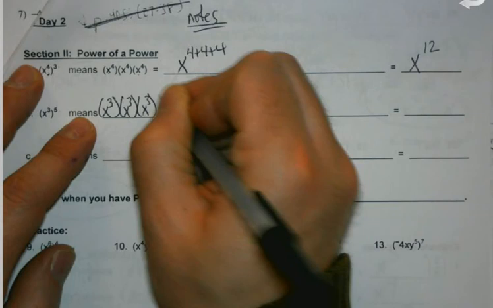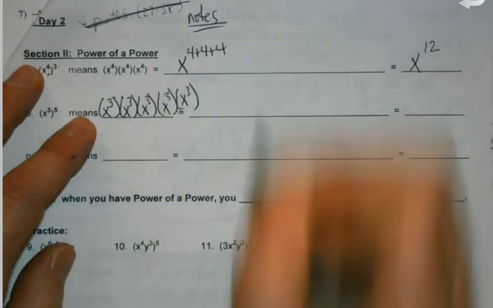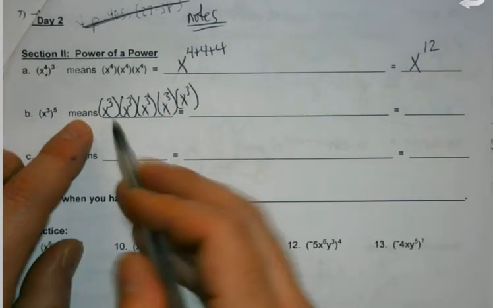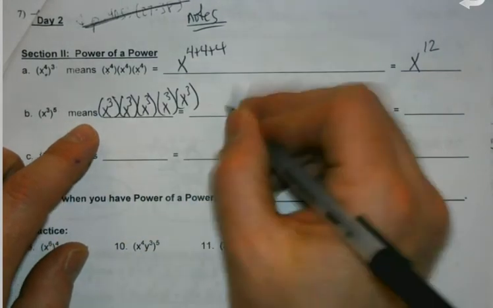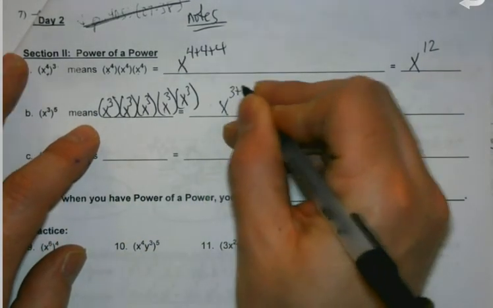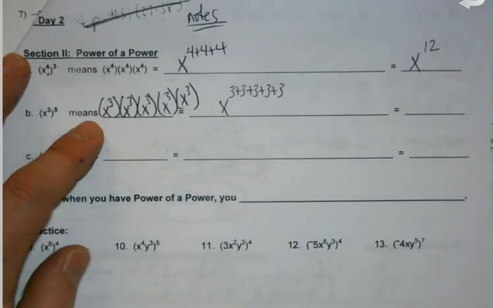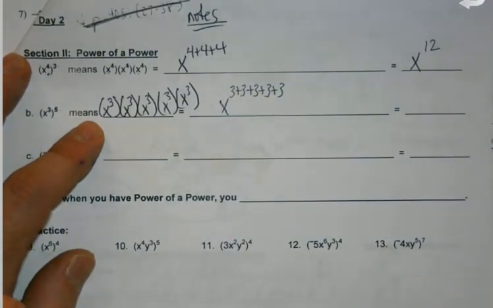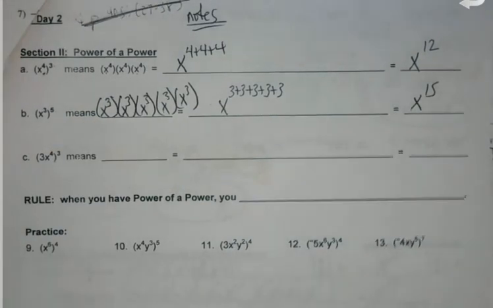And no, we're not going to have to do this every time. It's just kind of letting us see where this comes from. Well, if I had 5 x to the 3rds that I was multiplying together, I'd just add all those up. So I'd do 3 plus 3 plus 3 plus 3 plus 3. But who wants to do all that? That'd be x to the 15th if I added up all those 3's.